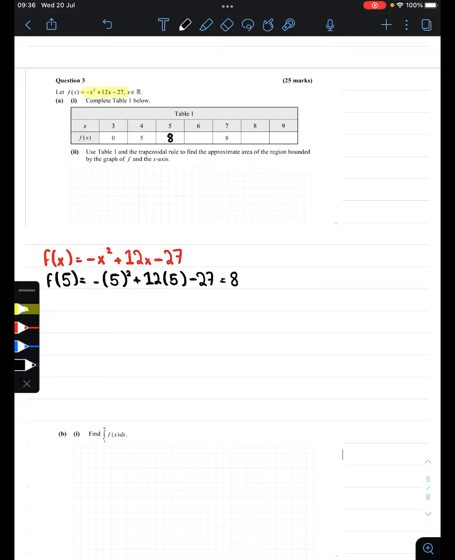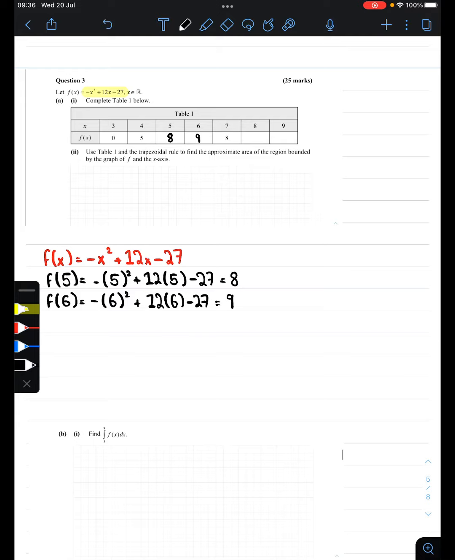Now f of 6 is, again, just plug in 6 into the function. Minus 6 squared plus 12 by 6 minus 27 is minus 36 plus 72 minus 27, which I think is 9. Yeah, equals 9. So, plug that in.